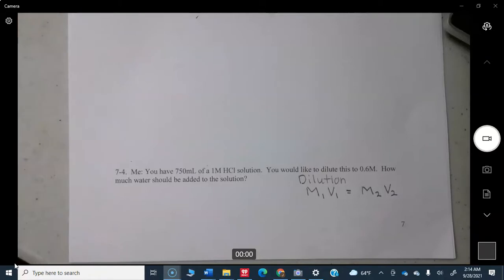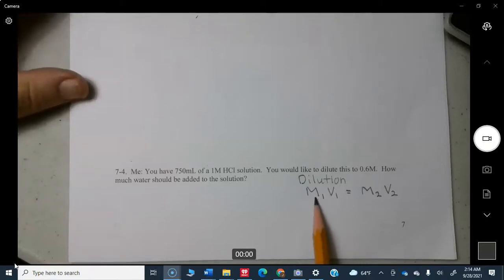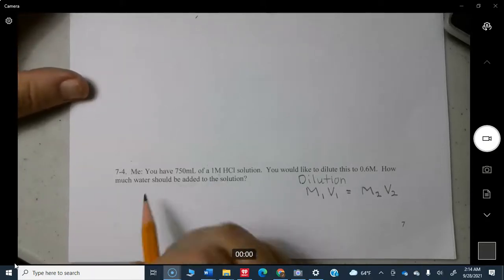It looks almost like a formula from physics, but it has nothing to do with that. So this is actually an easy problem if you recognize that it's a dilution problem. They very likely could give you one of these on the AP because it's a very simple problem and you could solve it quickly. All right, so the molarity before is 1 molar.